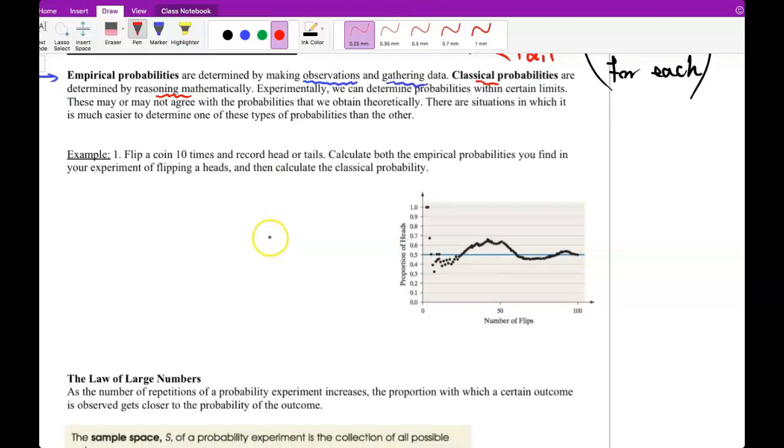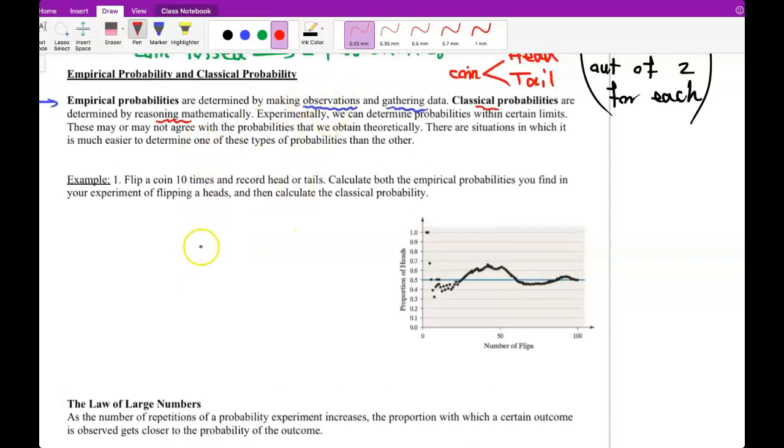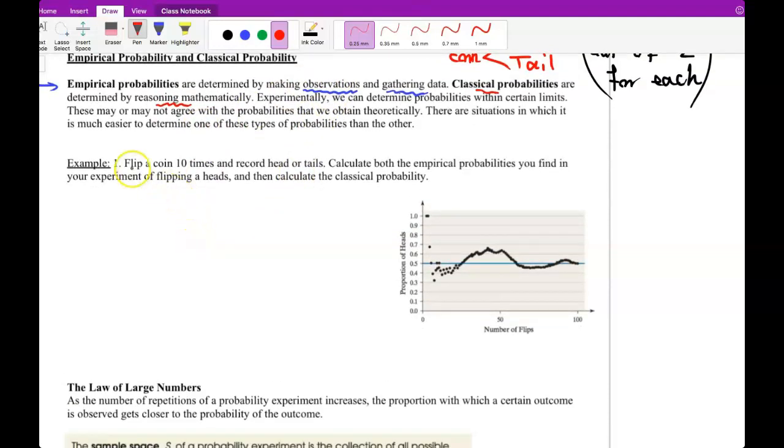Now let's work on example number 1 and apply these two on this part. Example number 1, flip a coin 10 times and record head or tails. Calculate both the empirical probability you find in your experiment of flipping heads and then calculate the classical probability. So we should flip this 10 times and record head or tails.